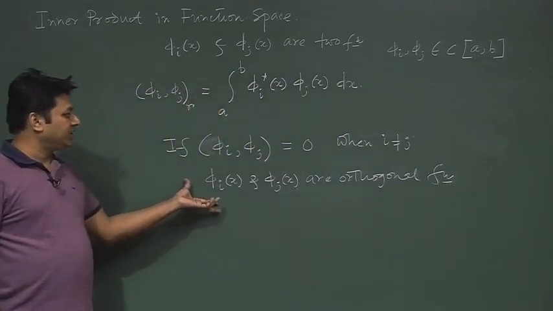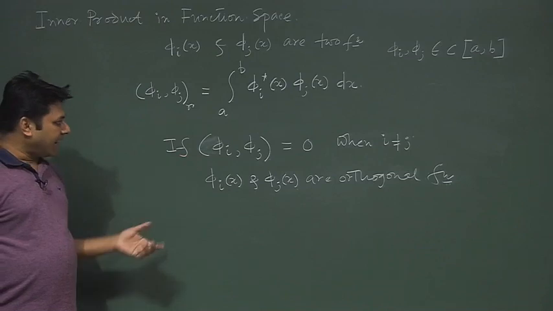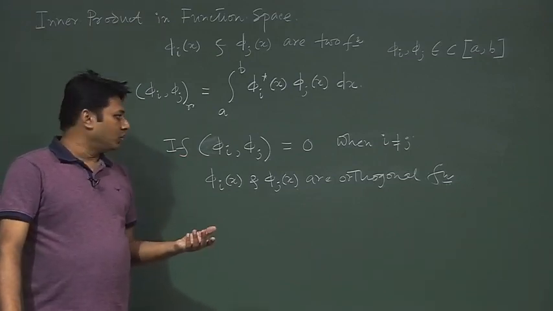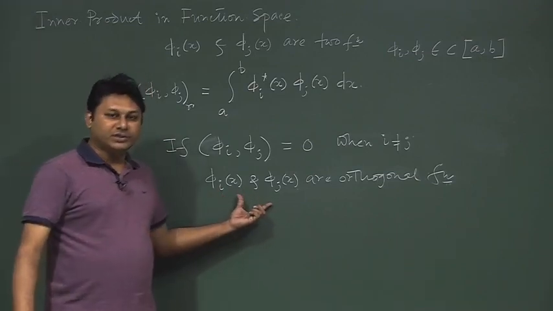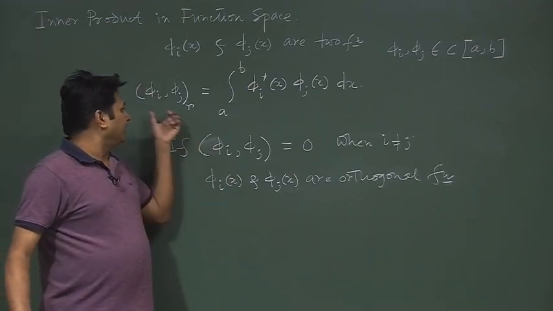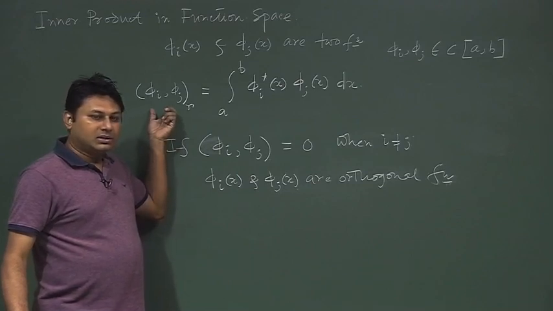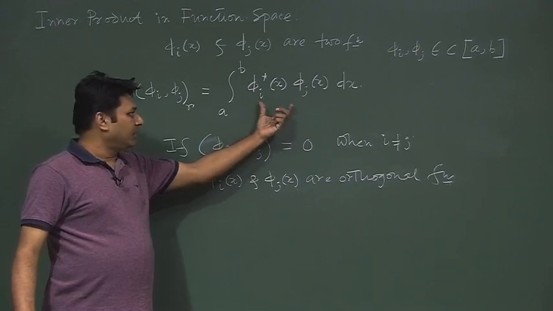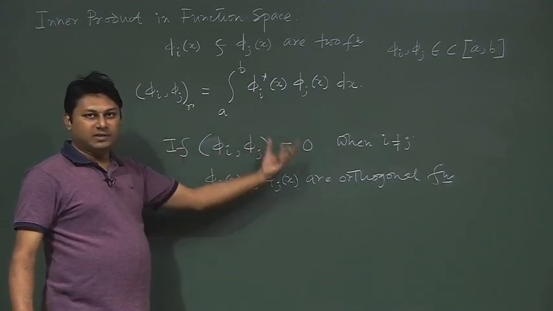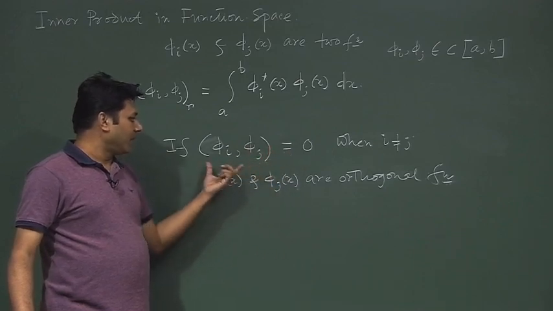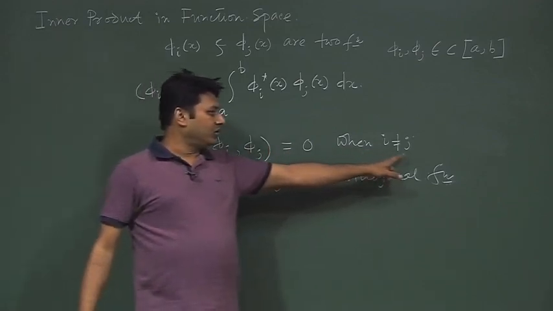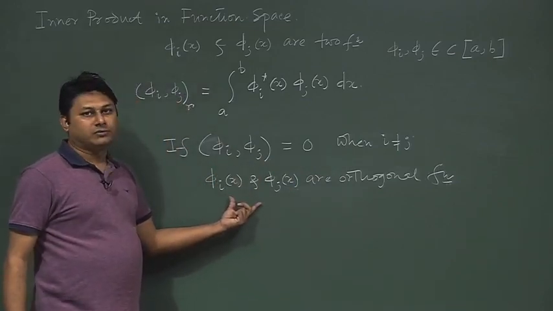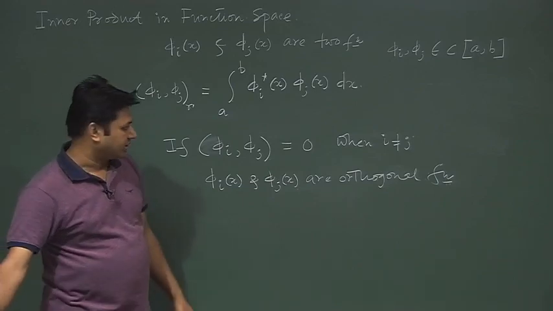Exactly the same definition, exactly the same concept. In that case, two vectors were perpendicular to each other. Here we are doing the same thing, but taking functions, and by definition I can put an inner product, which gives me a number by this operation, which may be 0. If this quantity is 0 with i not equal to j, then these two functions are orthogonal to each other.